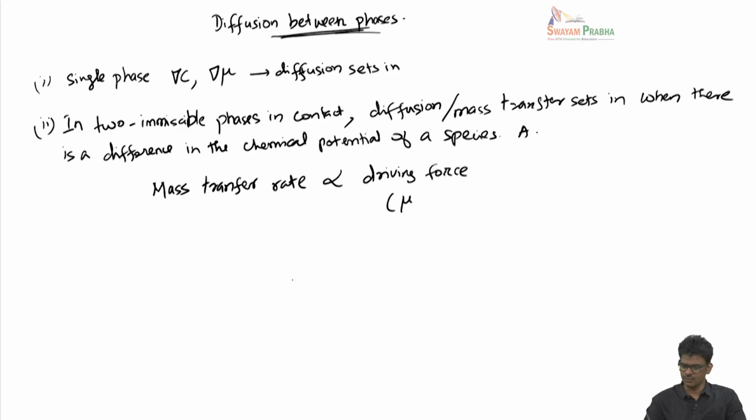So driving force here could be mu A in some phase, let's say gas phase, minus mu A in another phase, liquid phase. Mass transfer will happen as long as there is a finite difference. When the chemical potential difference becomes equal to 0, the mass transfer will also stop. So that's what we call an equilibrium system, which we saw in the last class as well. Now we will discuss this in a little bit more detail by considering an example.